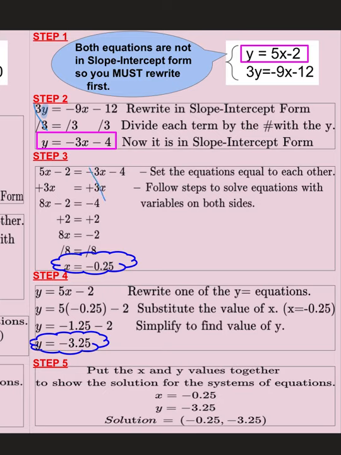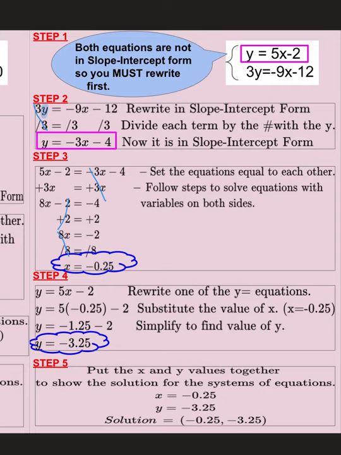That will then give me 5x plus 3x makes 8x minus 2 equals negative 4. I'm going to add 2 to both sides of the equation, cancel those out, leaving me with 8x equals negative 2. Divide both sides by 8, cancel those out.